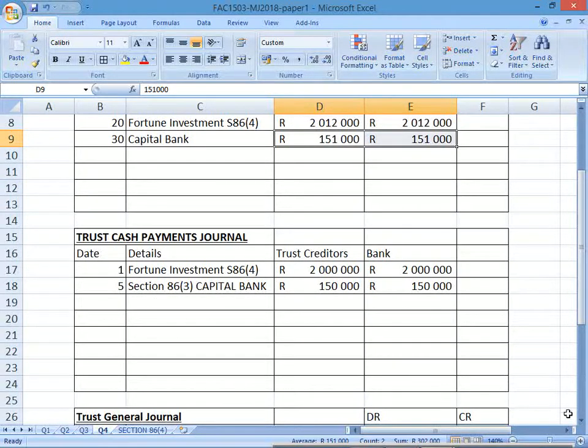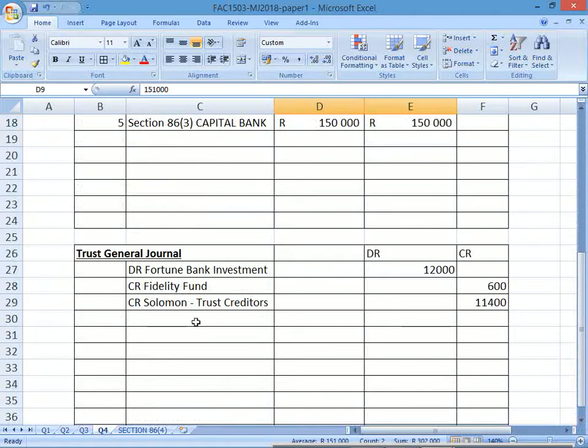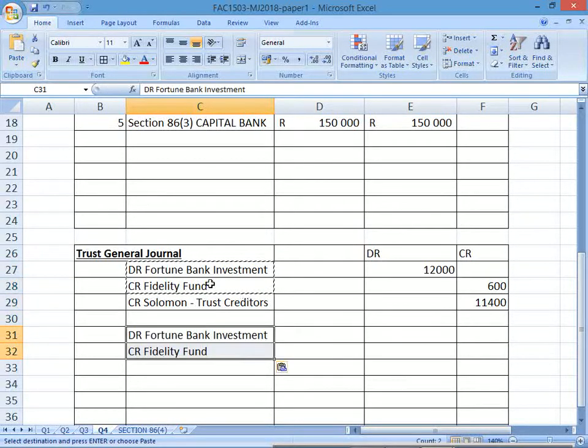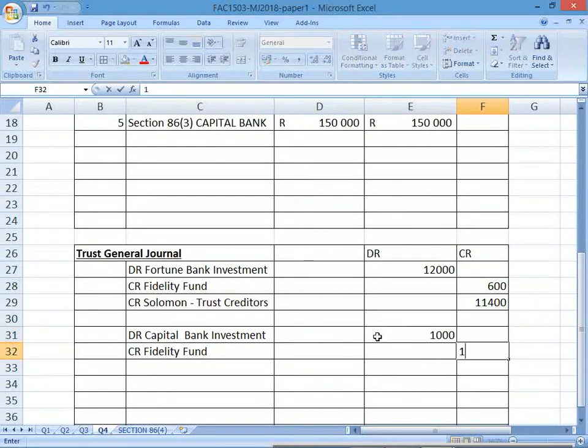So where's our general journal? Here at the bottom. Okay, so we'll credit the Fidelity Fund and we'll debit Capital Bank. Okay, Capital Bank investment. 1,000, full amount goes through. Let's just highlight this.